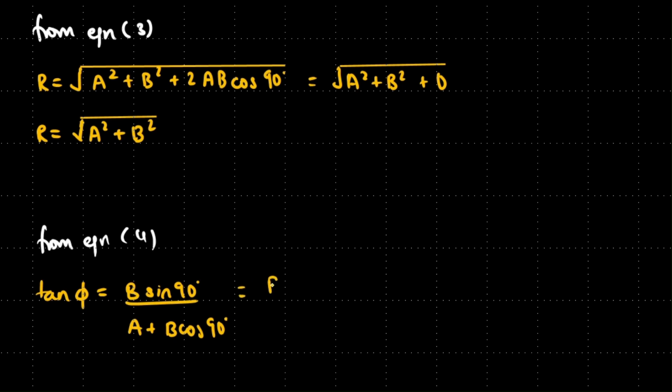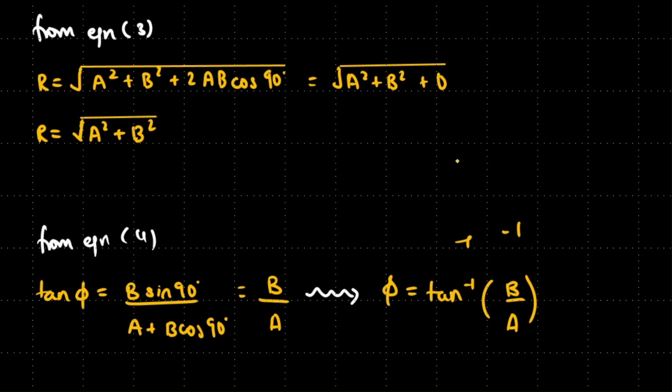Sine 90 is just 1, and B cos 90 is 0, so it will be B by A. So we get what we actually thought. So phi must be equal to tan inverse B by A. This is minus 1, it's not like this sign, it's minus 1. It's just that I'm writing fast, so it gets like that.